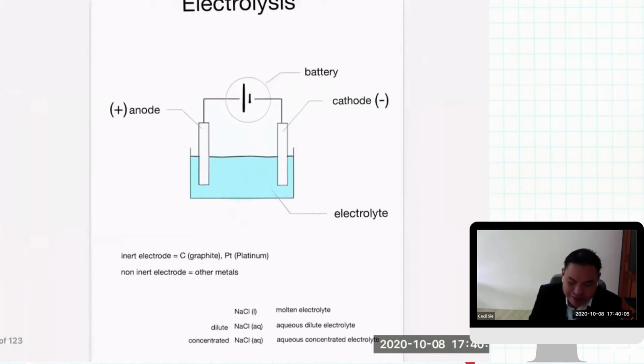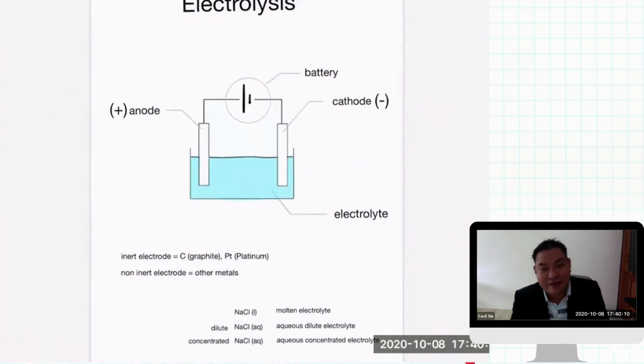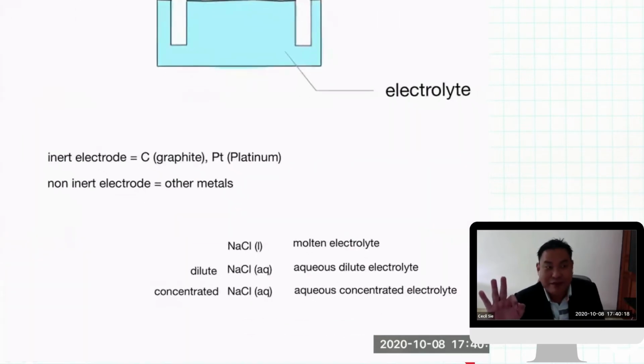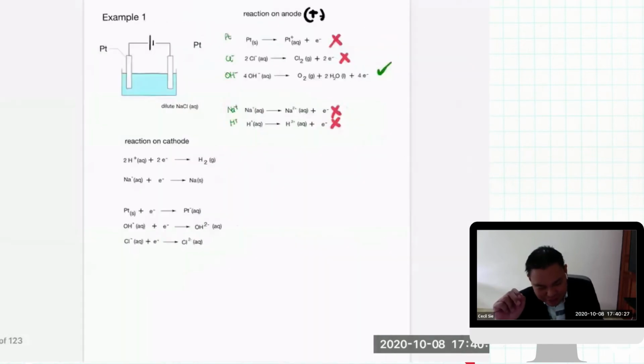We quickly recap electrolysis: some chemicals that do not react by themselves, you force them using electricity. You have 2 types of electrode, inert and non-inert. You have 3 types of electrolyte, molten, aqueous dilute, and aqueous concentrated.